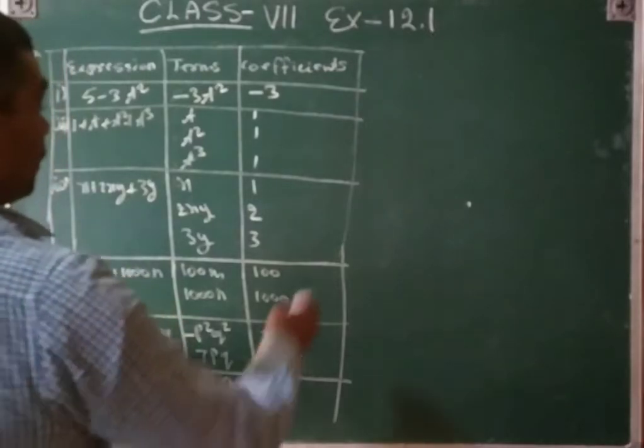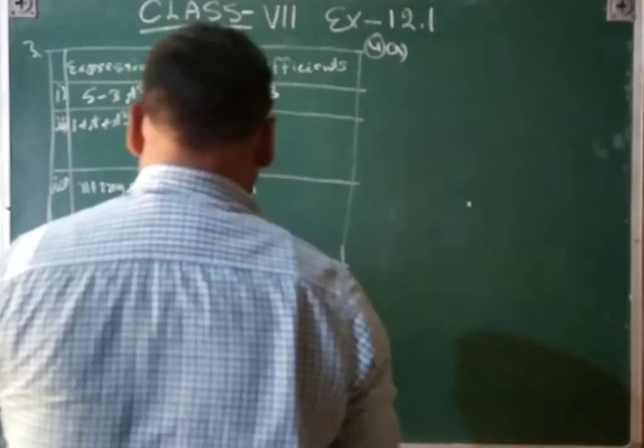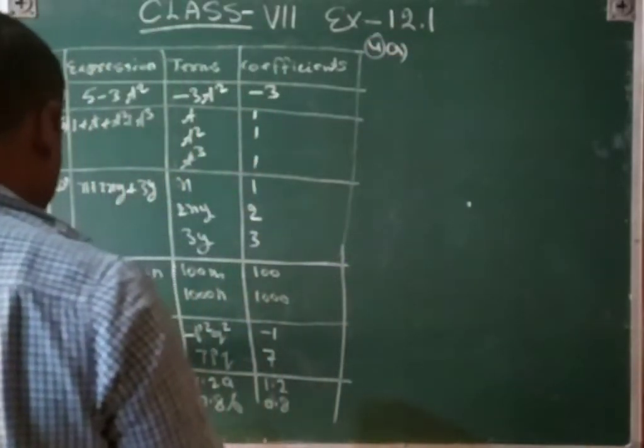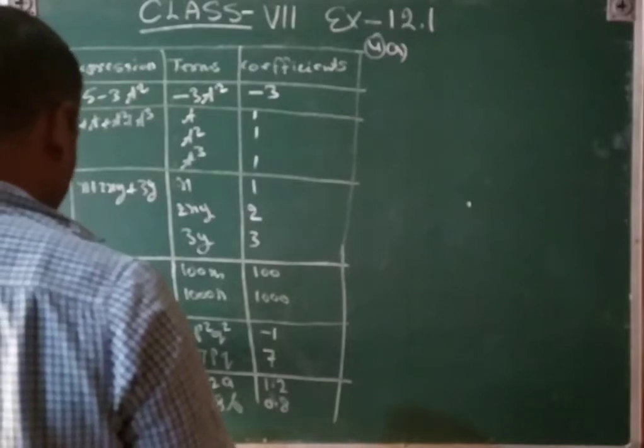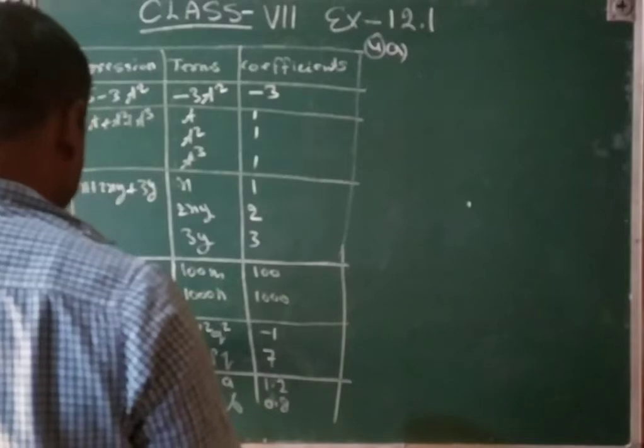Question number 4a. That is: identify the term which contains x and give the coefficient of x.